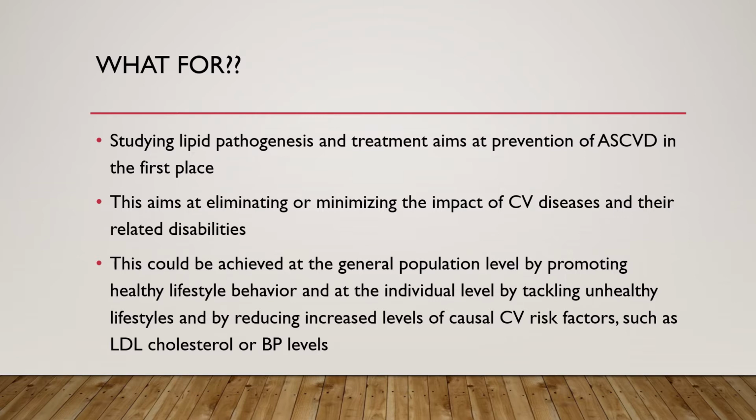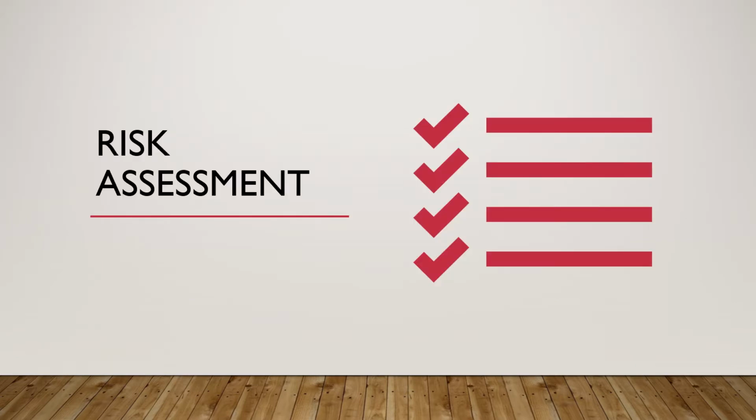In the general population, this could be achieved by promoting a healthy lifestyle in the first place, tackling unhealthy lifestyles, and reducing increased levels of cardiovascular risk factors such as LDL cholesterol and blood pressure. So you first aim at eliminating the risk factors, and you aim to prevent the disease rather than treating. Primary prevention is mainly the first step.